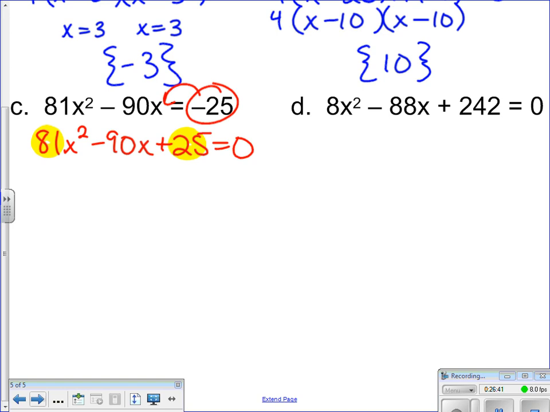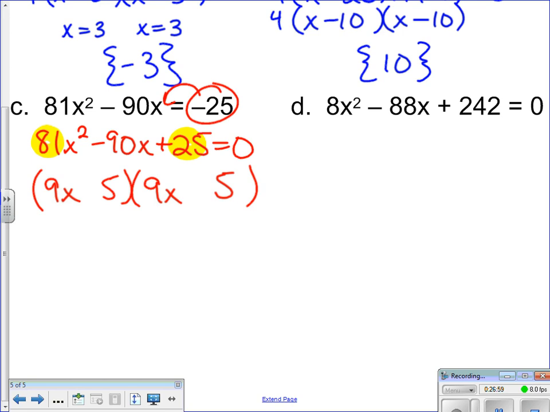So 81 is 9 times 9. So 9x, 9x. 25 is 5 times 5.